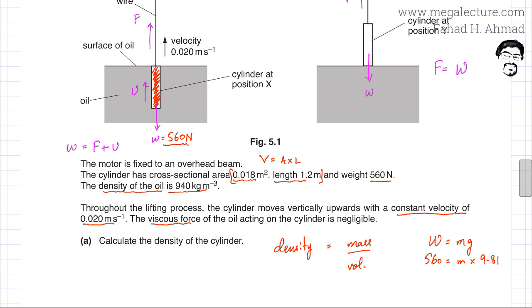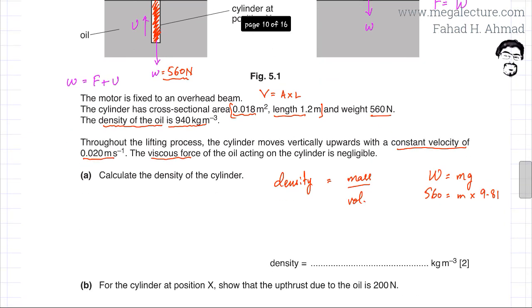So if I rewrite the formula, I can substitute the value of mass, and my density is going to become 560 divided by 9.81, and I need to divide it by the volume. And the volume, we already figured this out. The cross-sectional area of the cylinder was given and the length of the cylinder was also given. So we need to multiply the two.